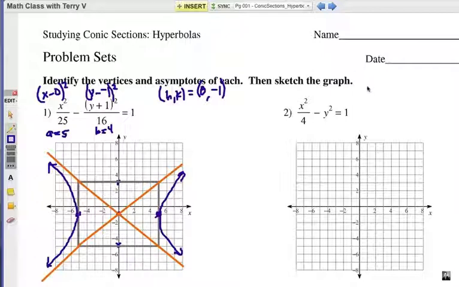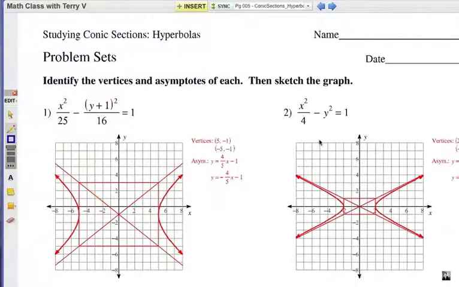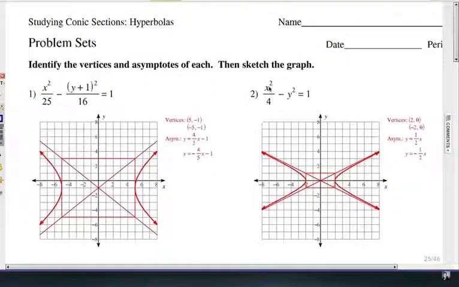Let's look at number 2. We notice it's x squared, so the h value is 0, and this is y squared, so the k value is 0. That means the center is right here. Now the a value must be 2, because it says 4 and we take the square root.